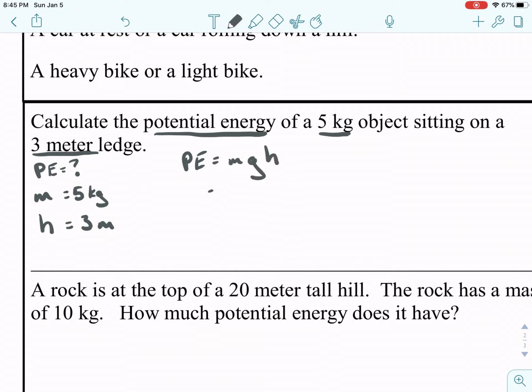And all we have to do is plug the numbers in where they belong. So in this case, the mass was 5. Gravity, if you recall, I said is just the number 10. It doesn't matter what problem we're using, as long as we're on planet Earth. You're always just going to put 10 in there. And then the last one, h for height. In this case, it was 3.